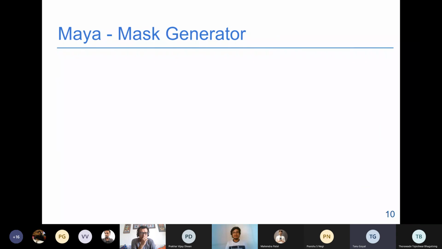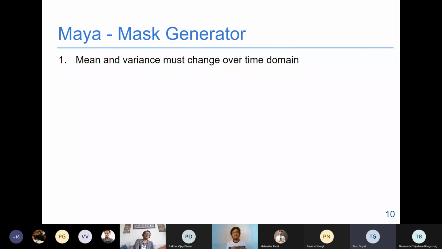So coming to the mask generator. For an effective mask generator, you basically need the mask to be able to hide information in both the frequency domain and the time domain, because an attacker can actually generate the power trace and use a Fourier transform to analyze the power trace in the frequency domain as well.